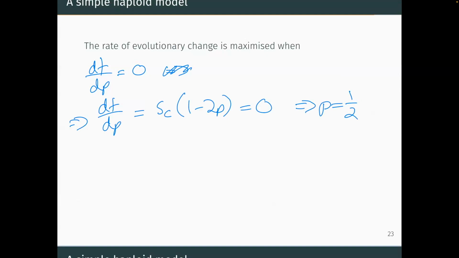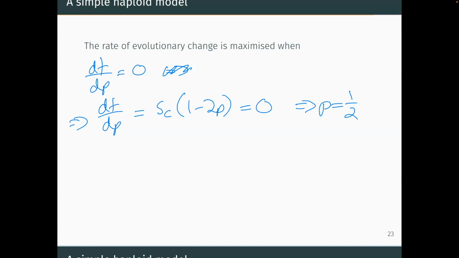Why is that interesting? Well, it means that the rate of evolutionary change is maximized when our genetic variance is highest. Our genetic variance is highest when our capital A allele and our little a allele are at the same frequency. The maximum rate of change happens when we have the most genetic variance in the population.